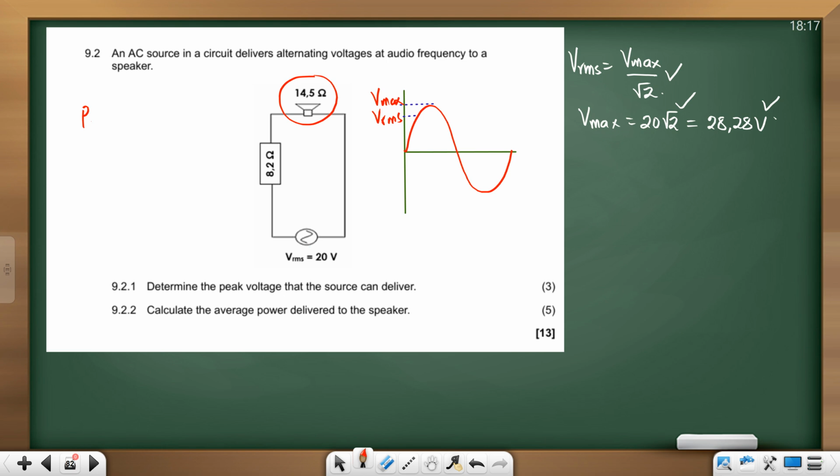P average equals I RMS multiplied by V RMS, or I RMS squared R, or V RMS squared over R. So do we know resistance? Yes. But you see it's 5 marks. The question is, what is the voltage here?